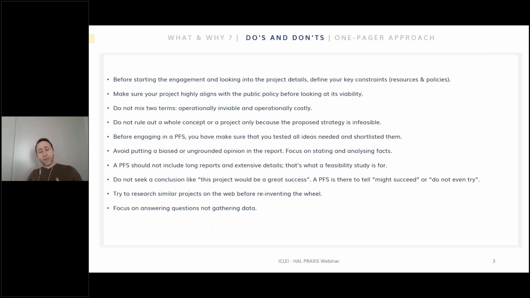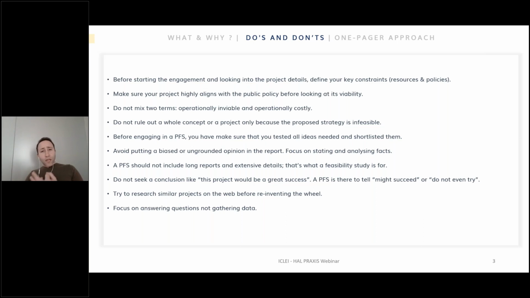When you're putting any information into a PFS, especially a PFS, focus on answering a question. Like, is this land suitable for doing the project, yes or no? Let's say you want to build a biogas facility. Are the local regulations in your local government suitable to get international funding or not?